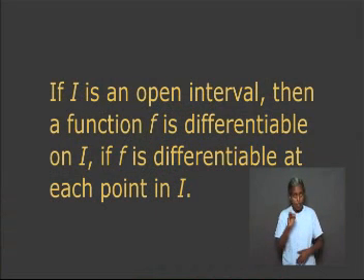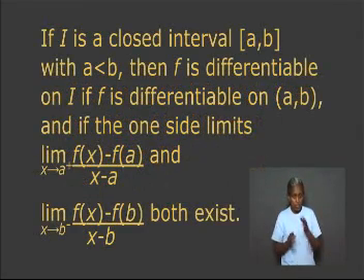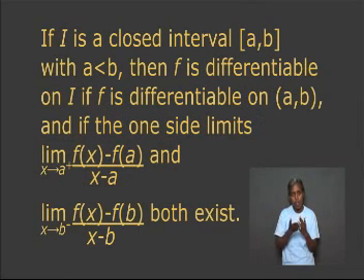If I is an open interval, then we say that a function is differentiable on I if f is differentiable at each point in I. If I is a closed interval with a less than b, then we say that f is differentiable on I if f is differentiable on the open interval (a, b), and if both of the one-sided limits exist.